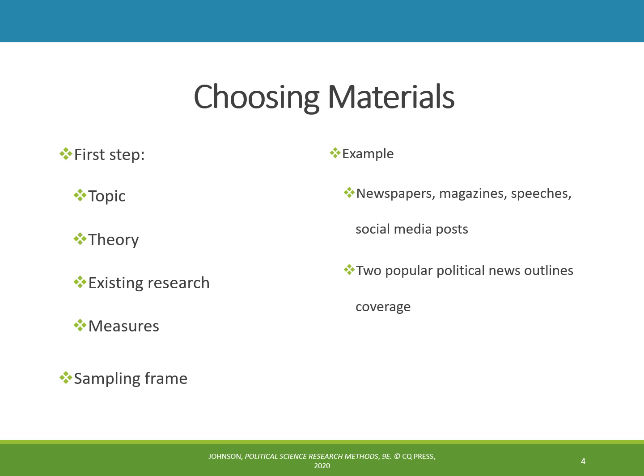Now, for our example, we know that we're interested in media coverage, so we need to select from the sampling frame of media coverage outlets so that we can understand the relationship between the two variables we're interested in: media coverage and federal responses. So what will we use as our sampling frame? I'm thinking we should use two popular political news outlets that cover these two issues. And automatically the first two that come to mind would be CNN and Fox News.